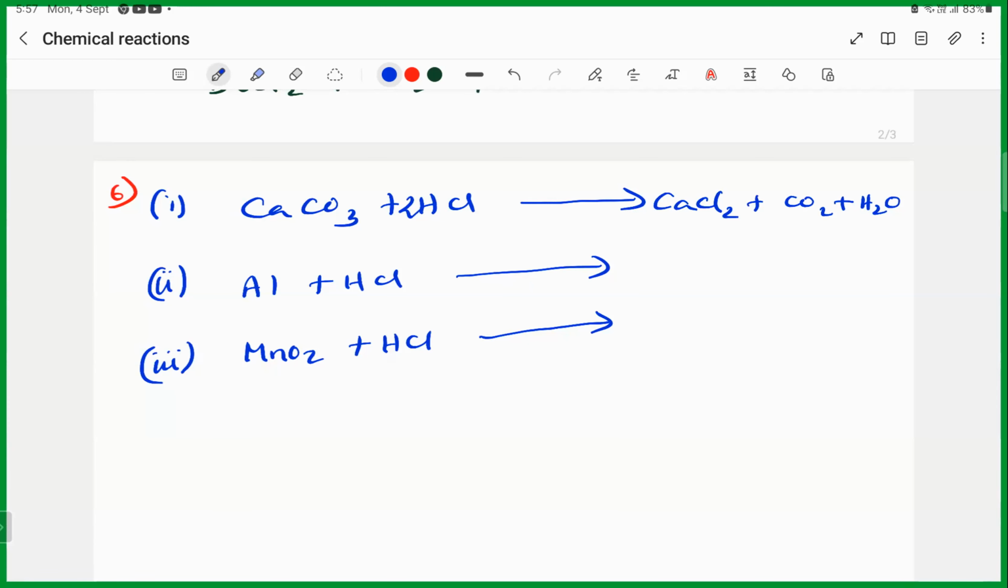So aluminum chloride plus hydrogen. Aluminum chloride is AlCl3. Then hydrogen. Balancing. One second, sir. So balance பண்ணுங்க. 2Al plus 6HCl gives 2AlCl3 plus 3H2.